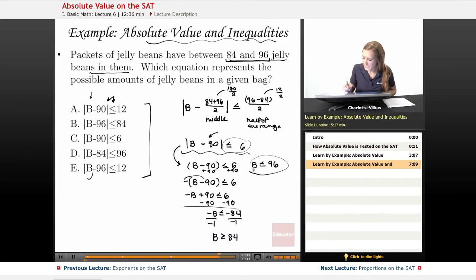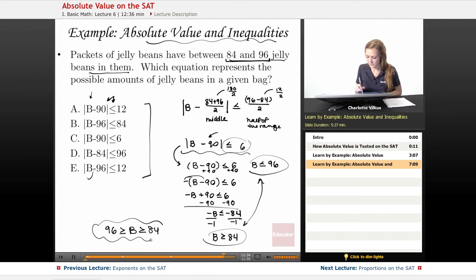And when I look at this, this is in fact my two bounds. I have that b is between these two numbers. So putting it into this equation form is doing the same for me as saying that b is greater than or equal to 84, less than or equal to 96. And that's what I want in the end.